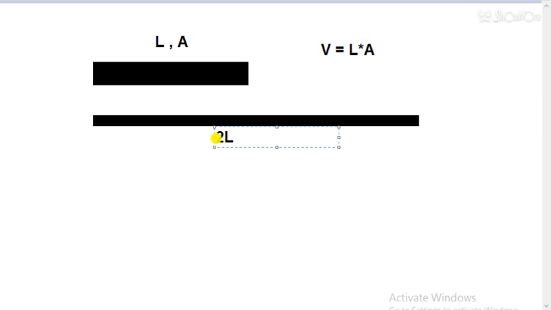So now 2L is the length, and the area is, suppose, A dash. A dash is the new area. So students, what will happen?